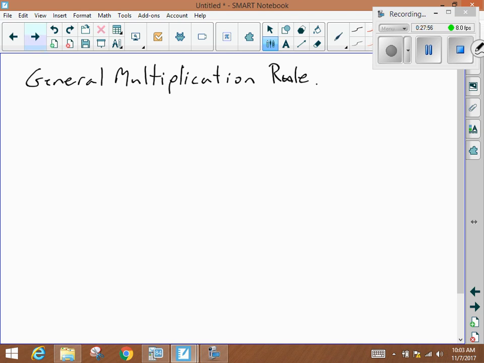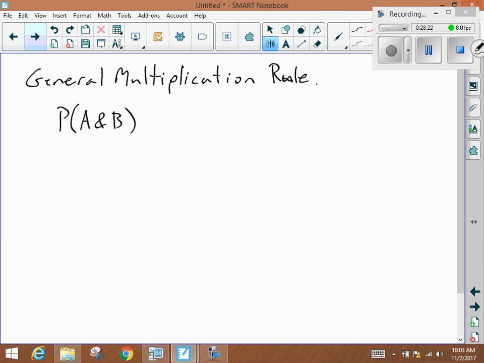So if we want to know the probability of A and B, and by the way, I like to use the ampersand because it's used more commonly in logic.